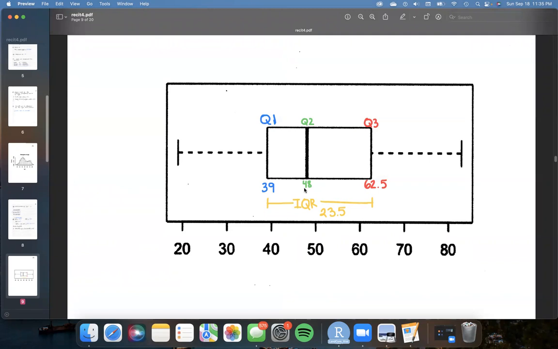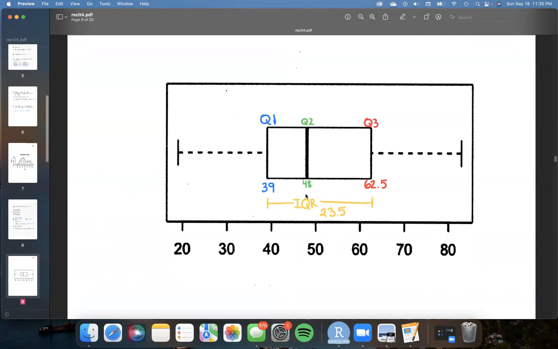And previously we had that 39 was quartile 1, 48 was quartile 2, and 62.5 was quartile 3, and that lines up with where our ages line up if you were to extend this to see, okay, where does it actually line up?